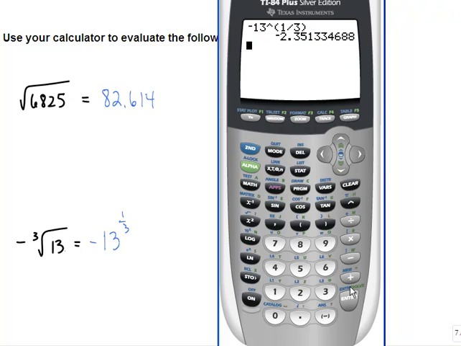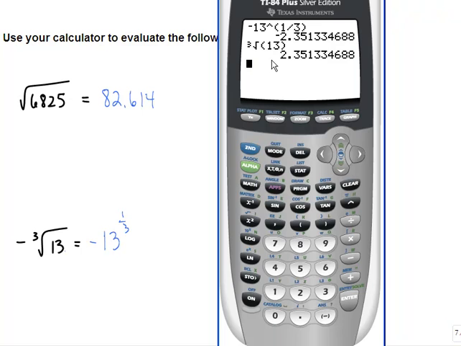As another option, some calculators have a built-in cube root key. On a graphing calculator like mine, you have to use the math button to get at that. So for example, if I press math, here it is in number 4, this cube root with that little radical symbol. So I could press number 4 here, and it would do the cube root, and then I would type in 13, and that would give me my answer.